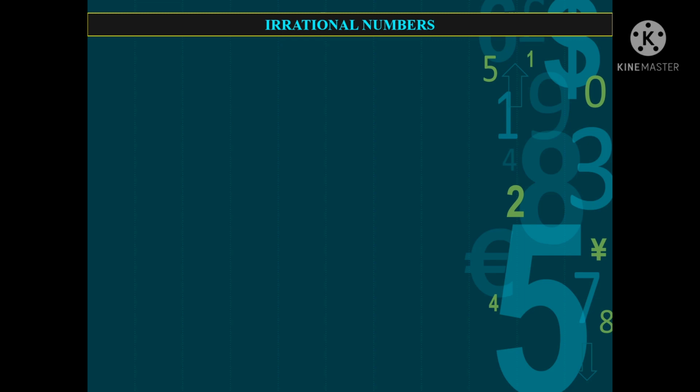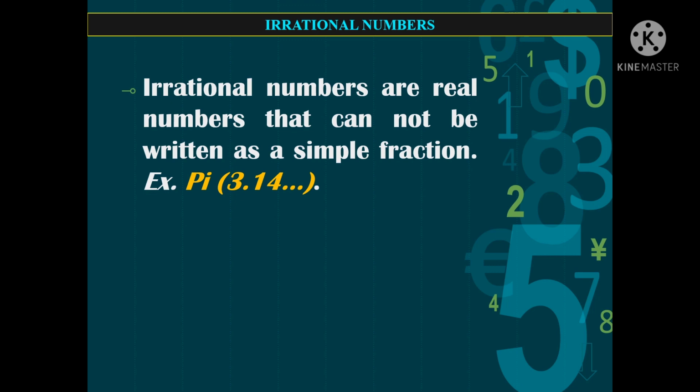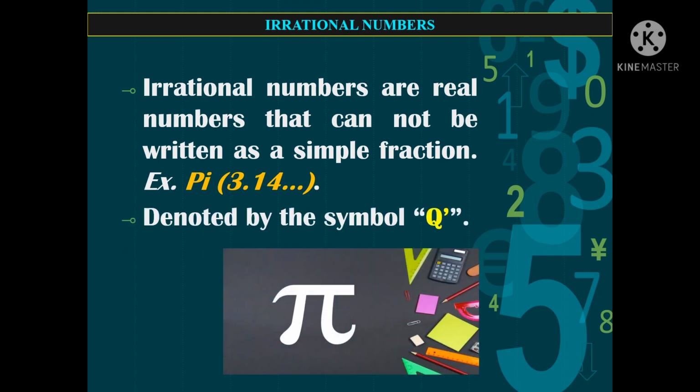Okay, we already know what rational numbers are. Now let us define what irrational numbers are. Irrational numbers are real numbers that cannot be written as a simple fraction. We have here the famous and so familiar mathematical symbol, pi. Pi is approximately 3.14.